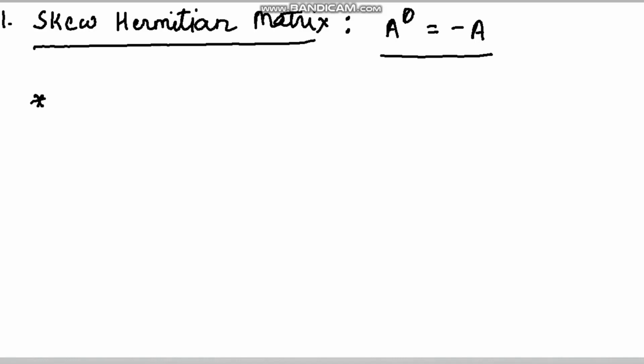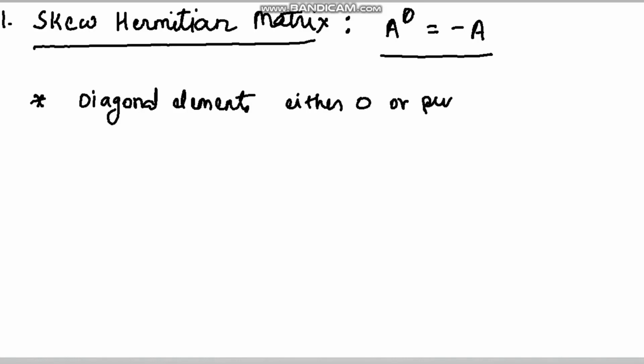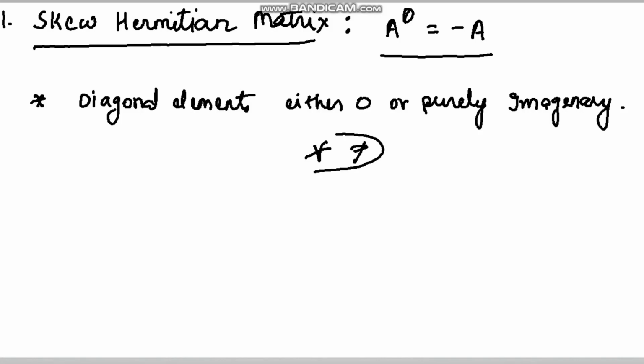Okay friends, now take one note. The diagonal elements of a skew Hermitian matrix are either 0 or purely imaginary. Okay, it is not for all cases.